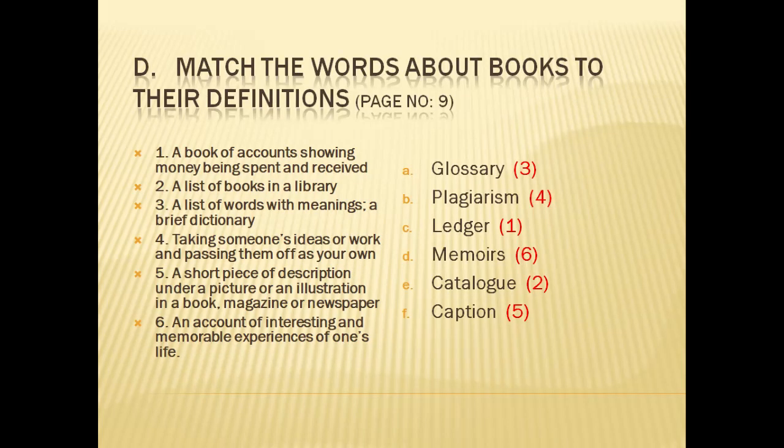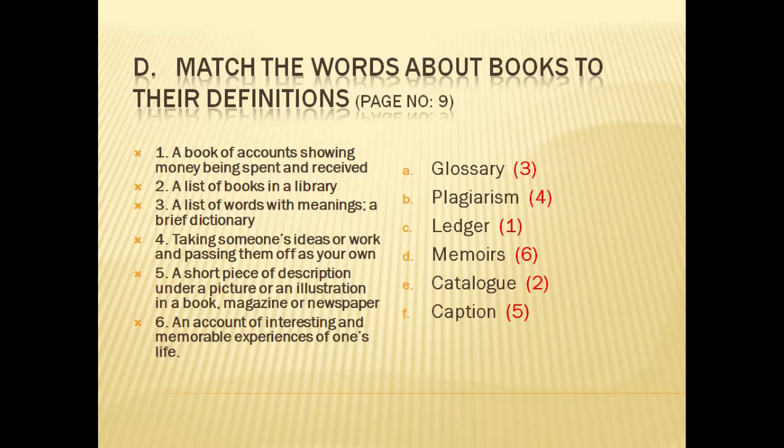With the D part, match the words about books to their definitions. Page number 9. The first one, a book of accounts showing money being lent and received, is ledger. The second question, a list of books in a library, catalog. A list of words with meanings, a brief dictionary, glossary.